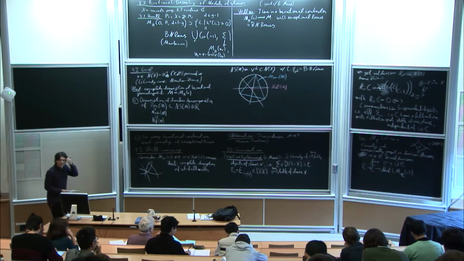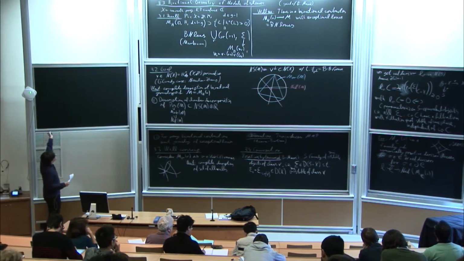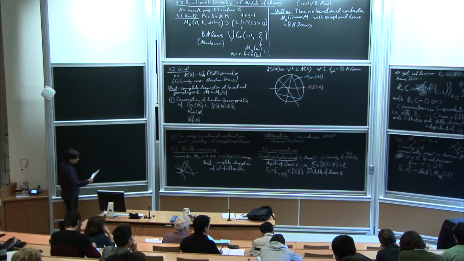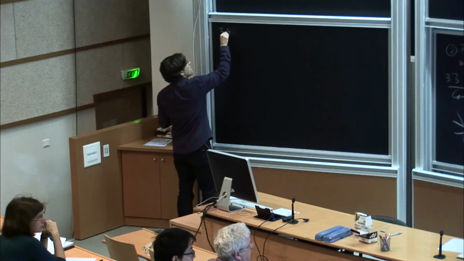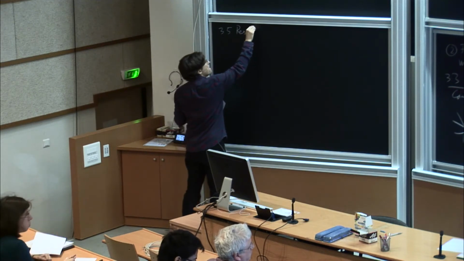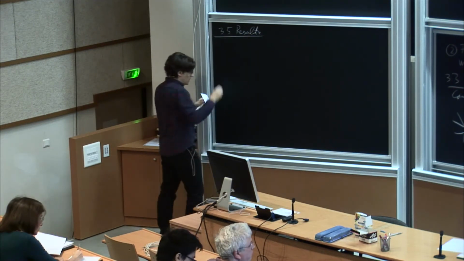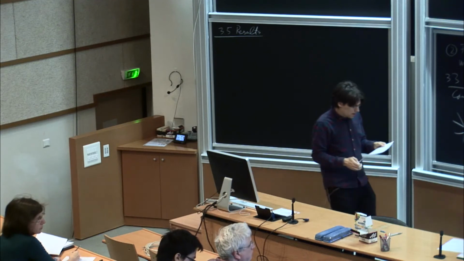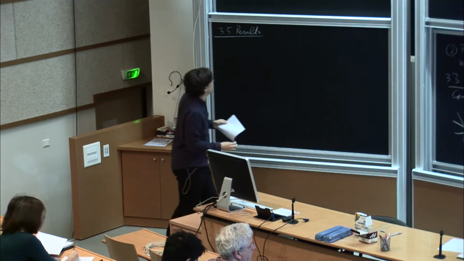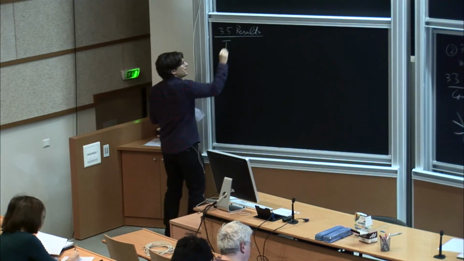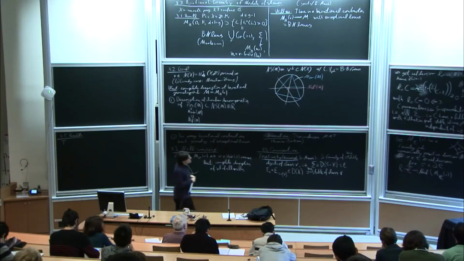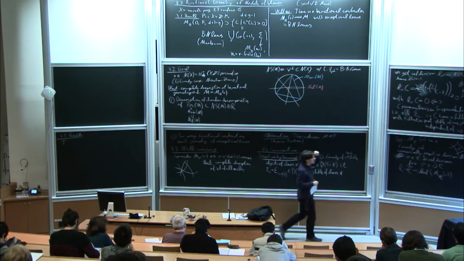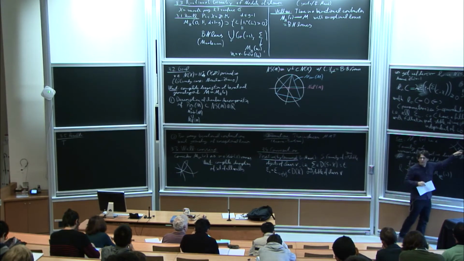Okay, more questions at this point? Right, so in other words, if I know one chamber in the space of stability conditions, I already get a little bit of this picture.